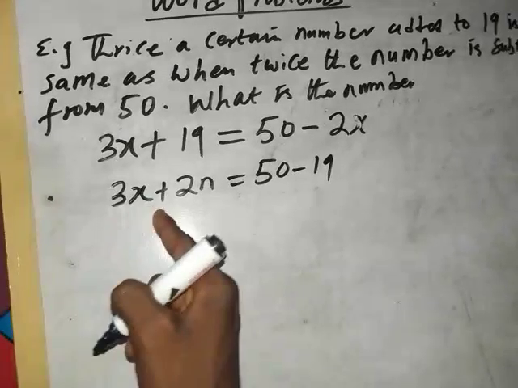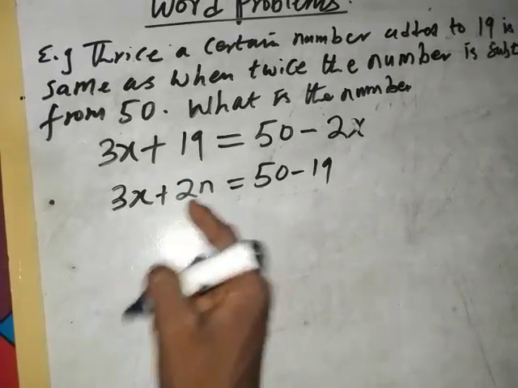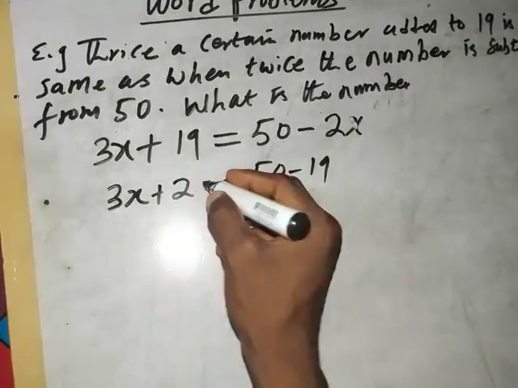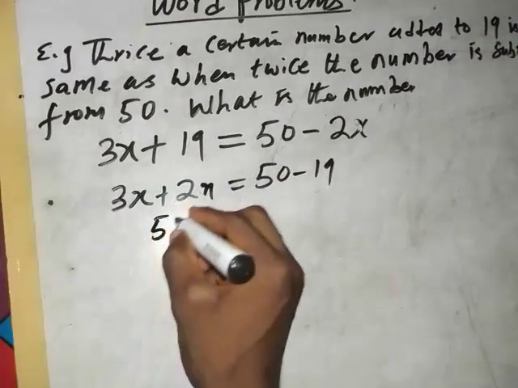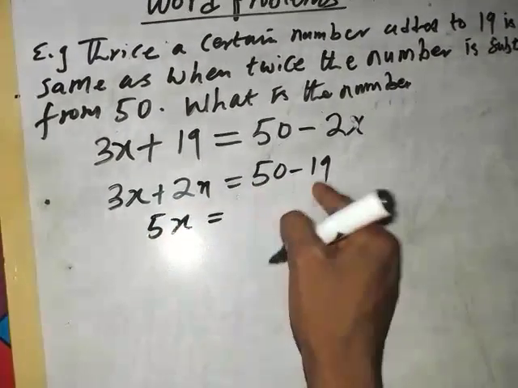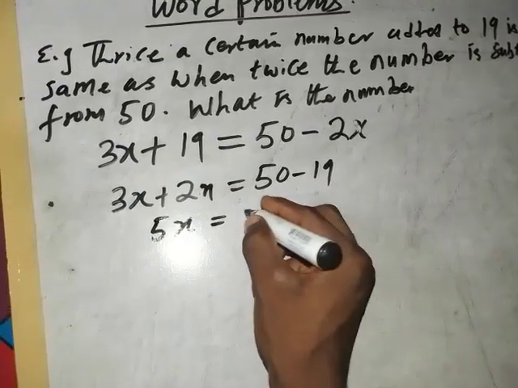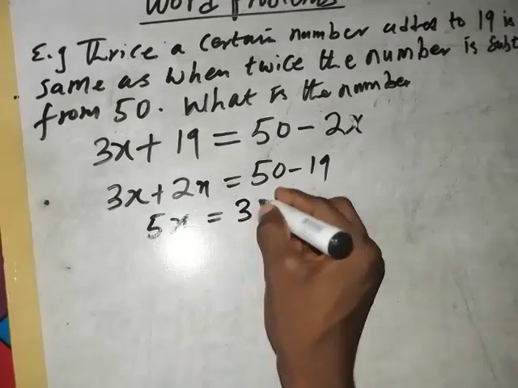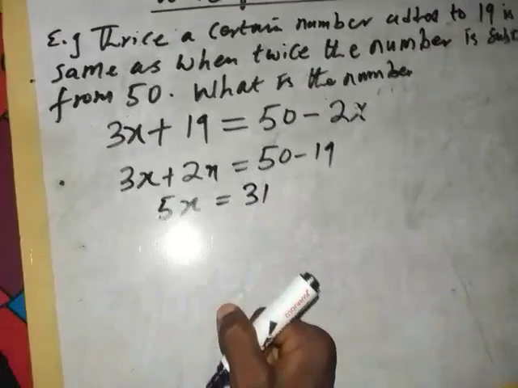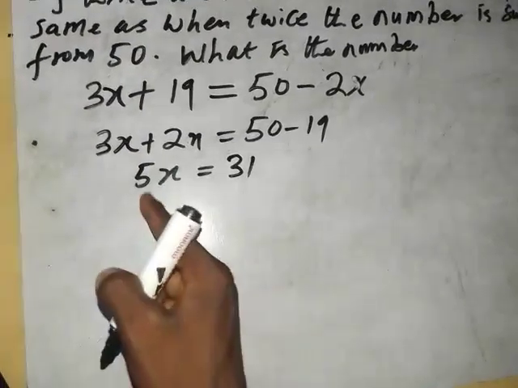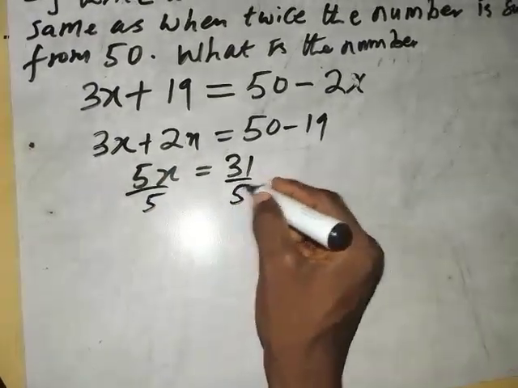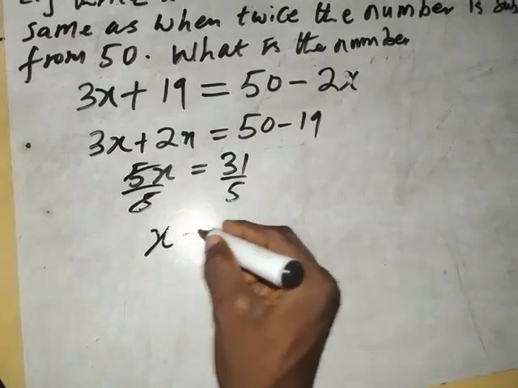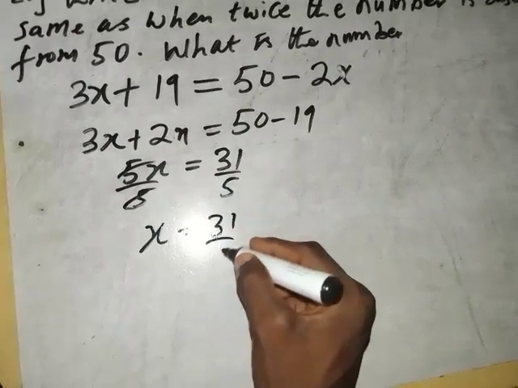So 3x plus 2x will give you 5x equal to 50 minus 19, which will give you 31. Are you there? So we divide both sides by 5. This cancels out this. So x is equal to 31 over 5.